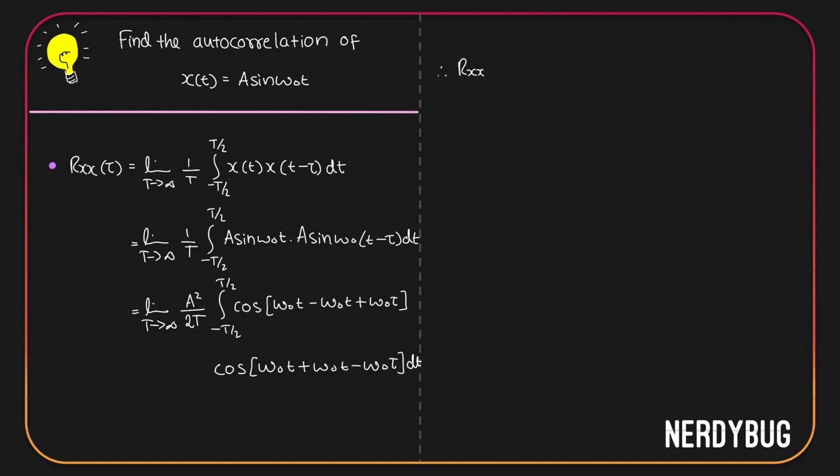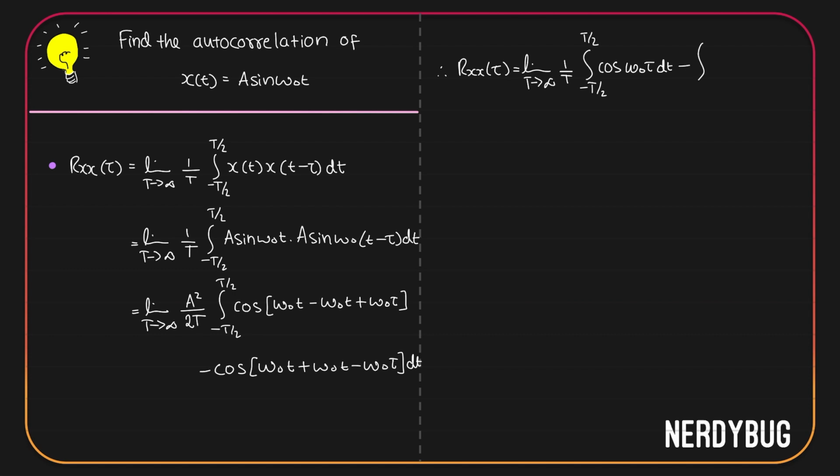Therefore, our Rxx of tau will be limit t tends to infinity 1 by t integral from minus t by 2 to t by 2. First term is cos of omega naught tau dt. Let's split the integration.